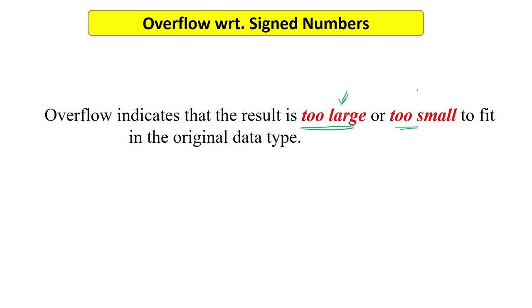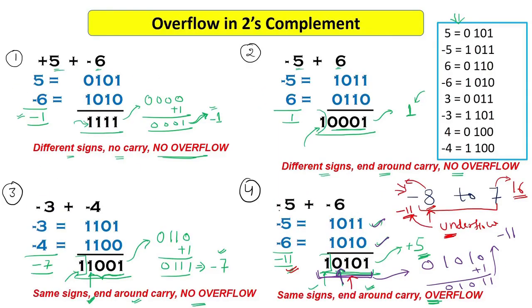Similarly, when we say too small, what does it mean? In the case of twos complement, we added minus 5 and minus 6, and we should get minus 11. This minus 11 is a smaller number than minus 8, so it is too small, which cannot be represented in the range minus 8 to plus 7.